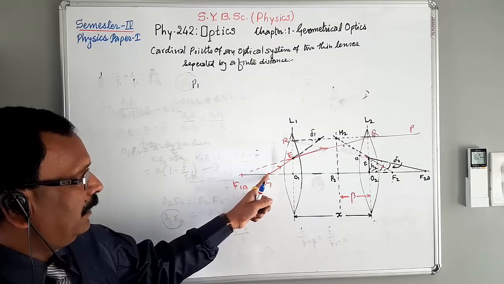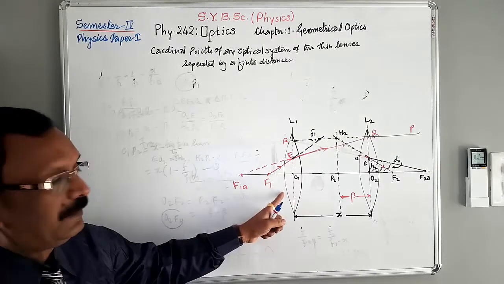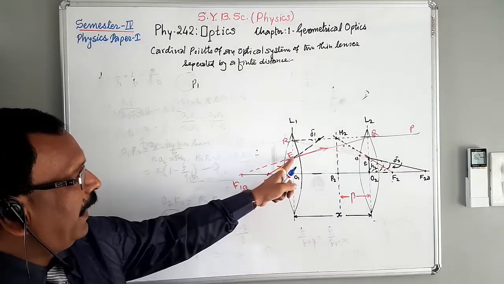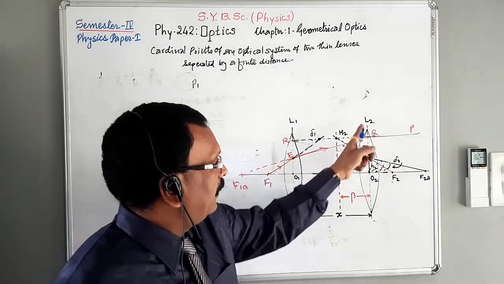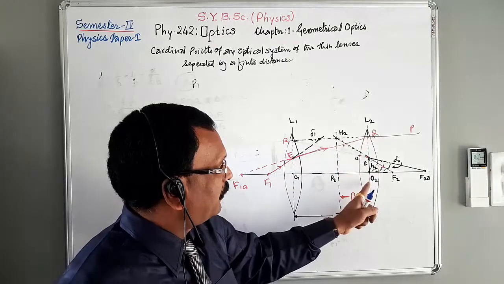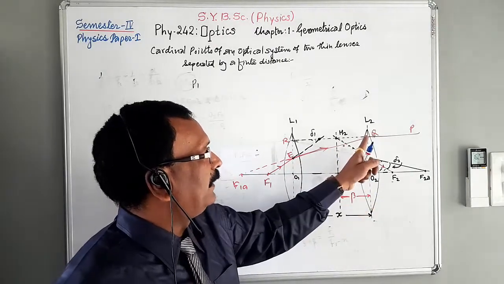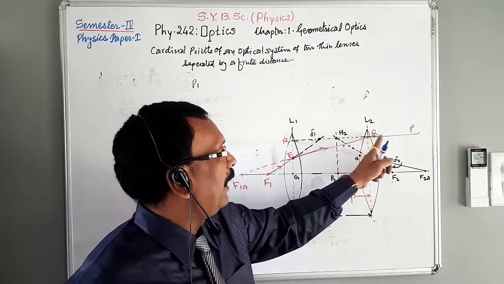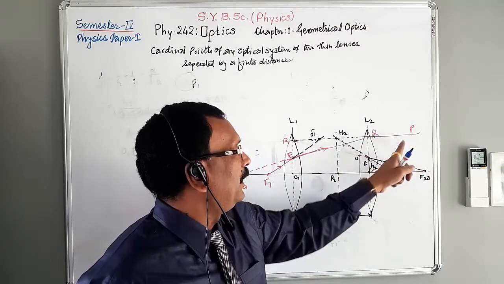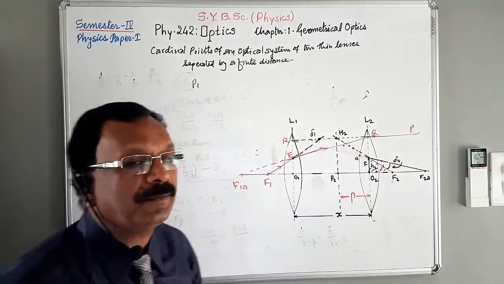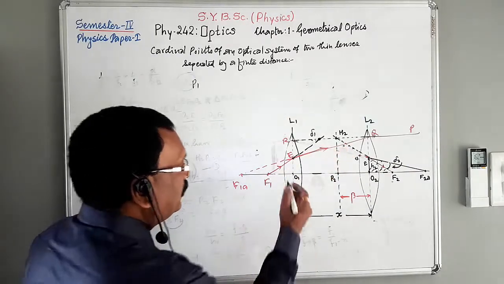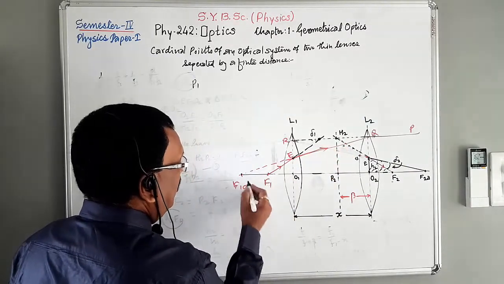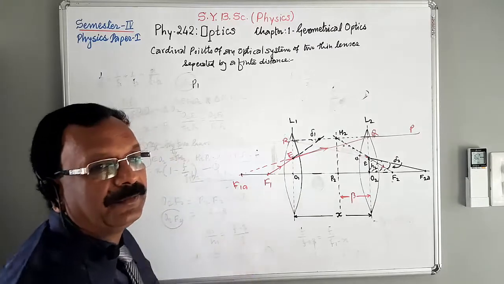When this incident ray is incident on the lens L1, it gets refracted and travels along EQ. When this ray again strikes the surface of lens L2, it again gets refracted and travels along QP, where QP is parallel to the principal axis. Now when this ray EQ is produced reverse back, it meets the principal axis at point F1A.